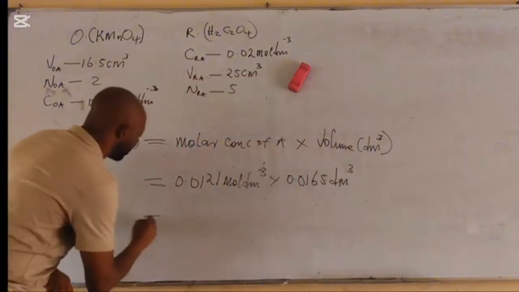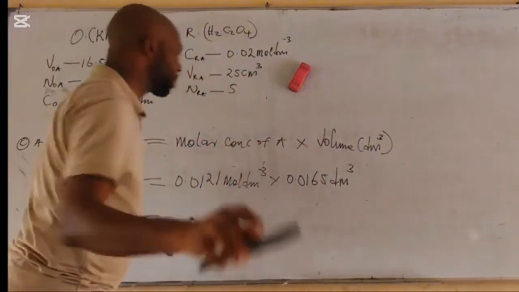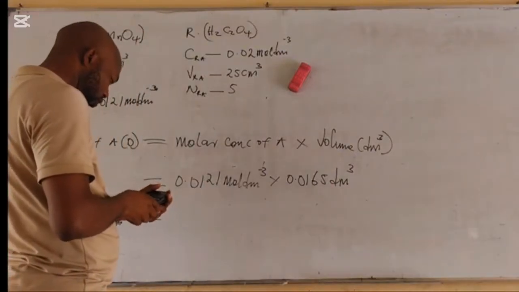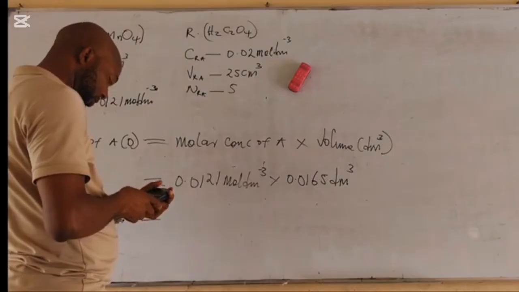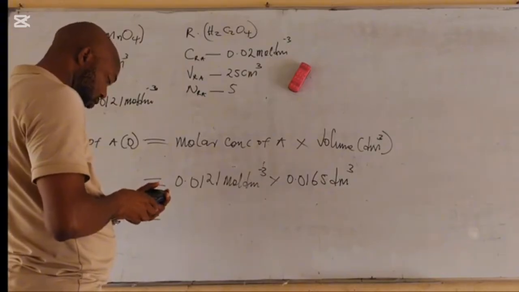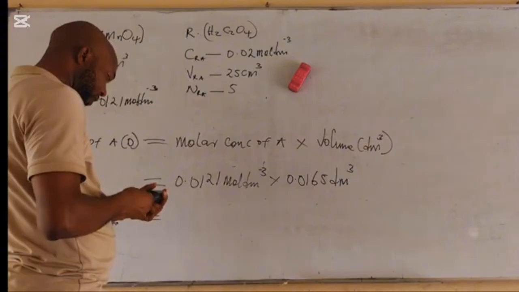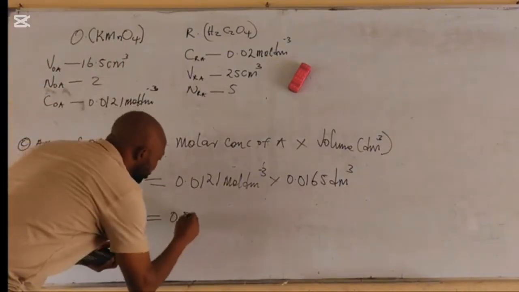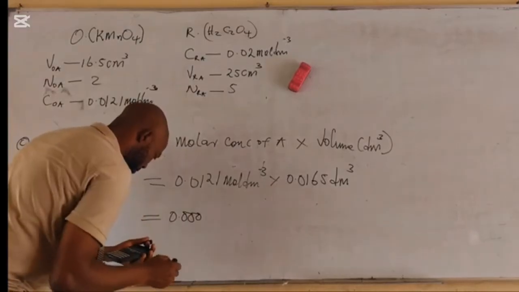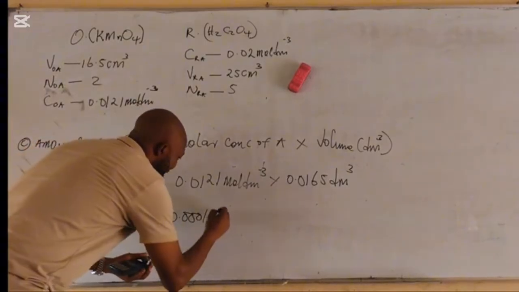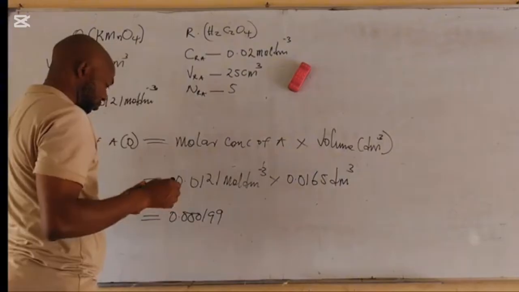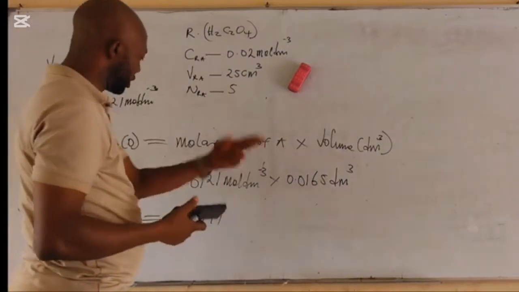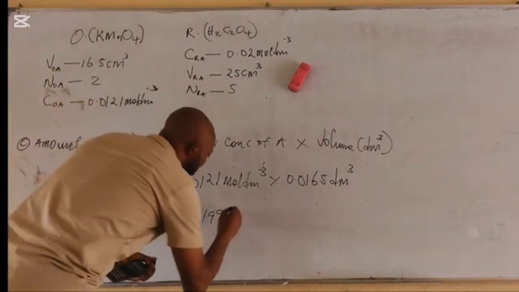And this is equals to, if I multiply that, let's see what we get. We have 0.0121 times 0.0165 is equals to, the amount is 0.000199. Let's leave it at that. So this is our amount in mole.